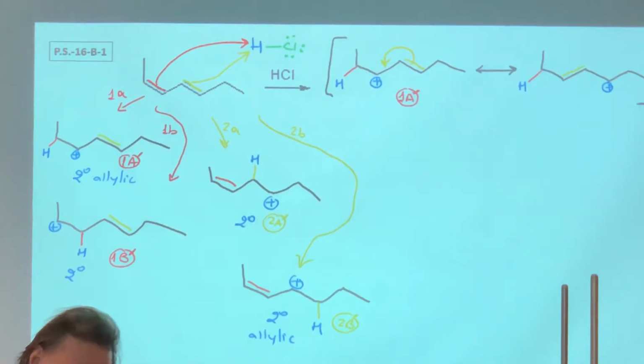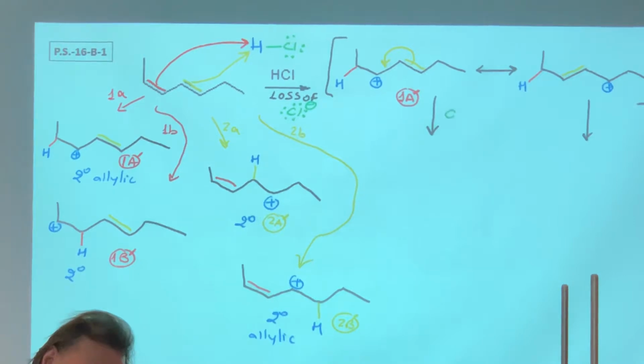All right. So now, of course, what did we lose also in the first step? Loss of Cl. So that Cl minus will come back again, right? So here's the Cl minus.